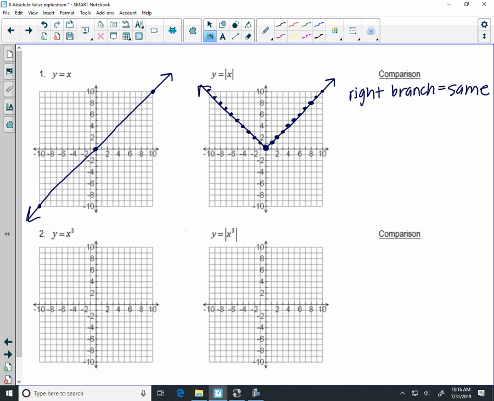So my comparison is going to be a little more formal. I'm going to say where x is positive, they're the same. That's this right branch.